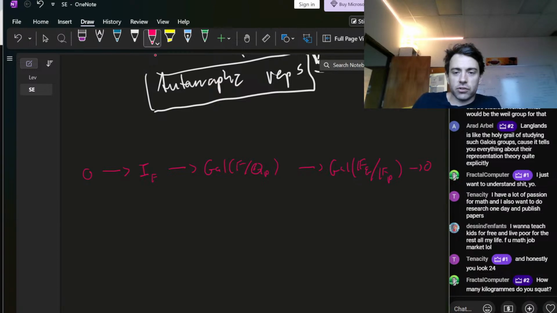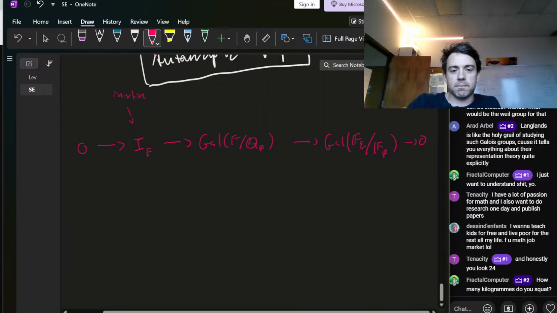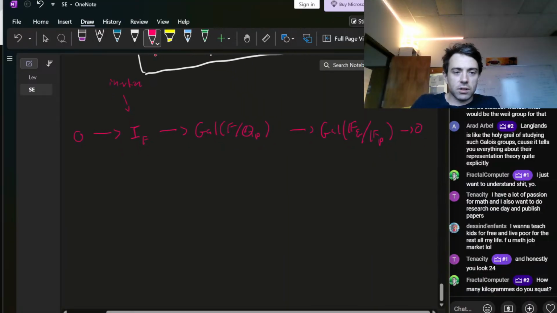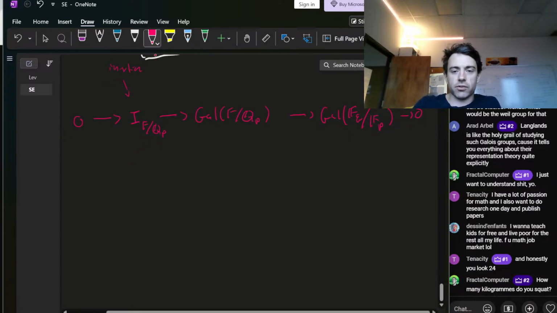This is called the inertia group, maybe the inertia group of F over Q_p. Then you take an inverse limit of this sequence, and you get the Galois group here, which is Z-hat_p.